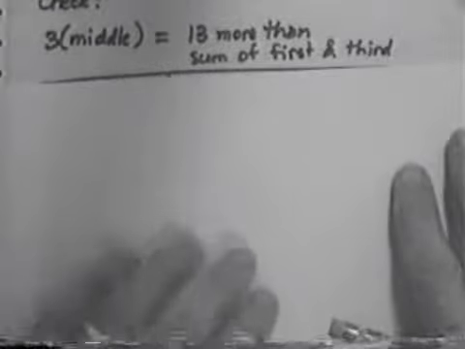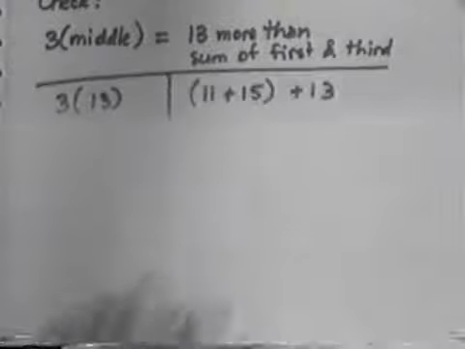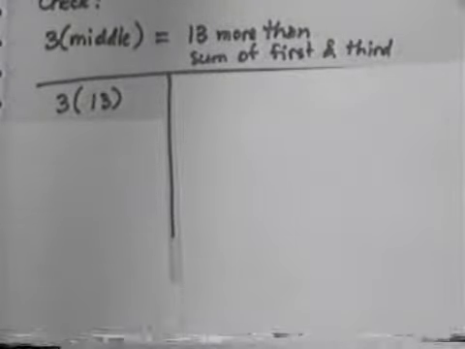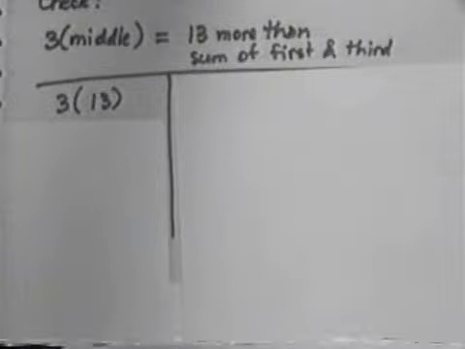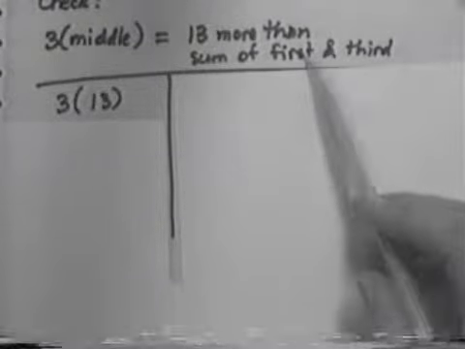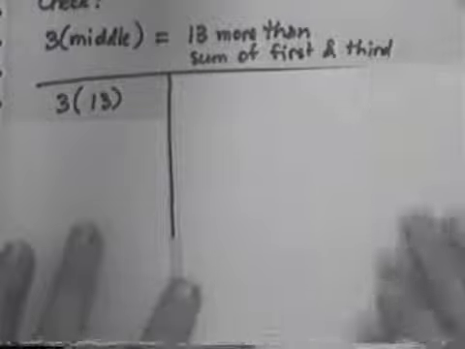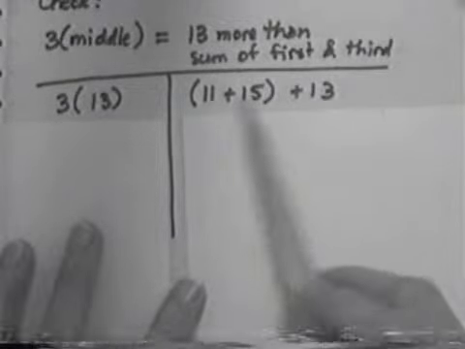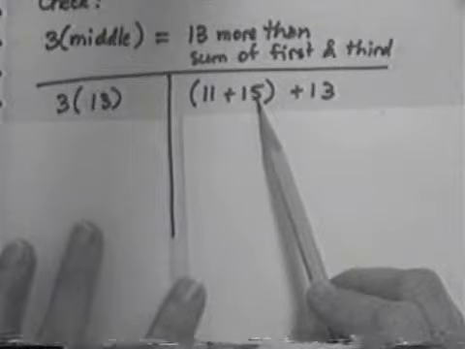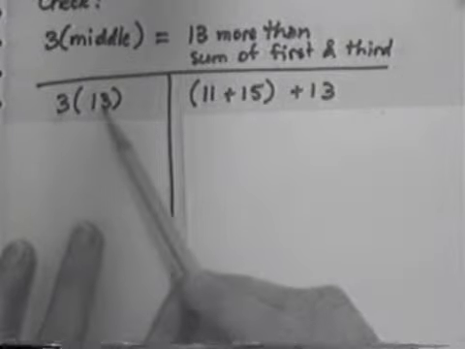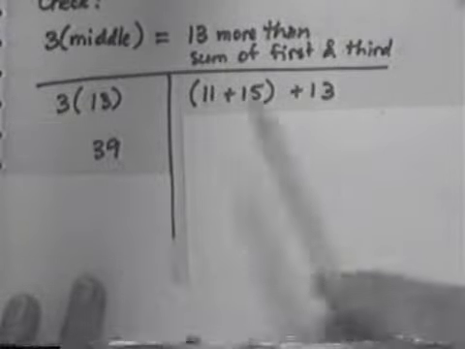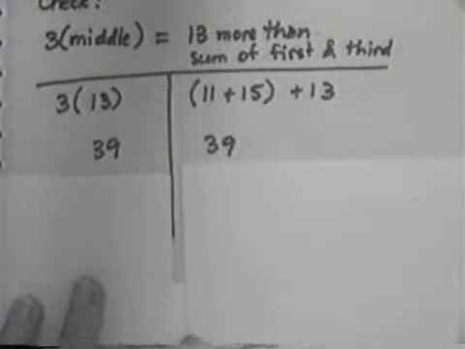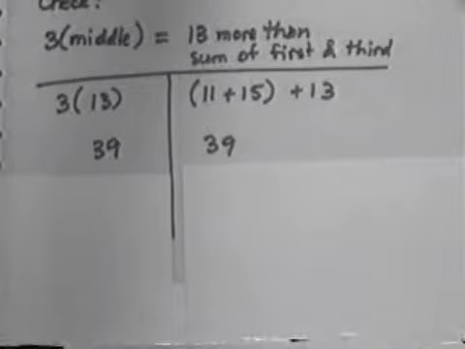Now, we figured out that the middle integer, or our second integer, is 13. And so we have 3 times 13. The first integer and the third integer are 11 and 15, and so I have 13 more than the sum of 11 and 15. Now 3 times 13 is 39, 11 plus 15 is 26, and 26 plus 13 is also 39.